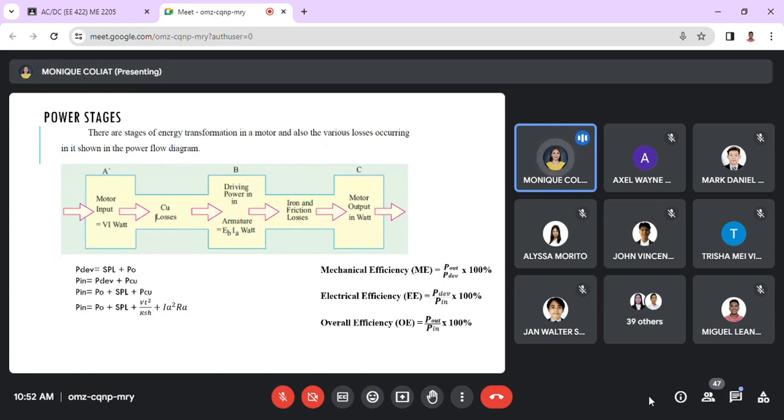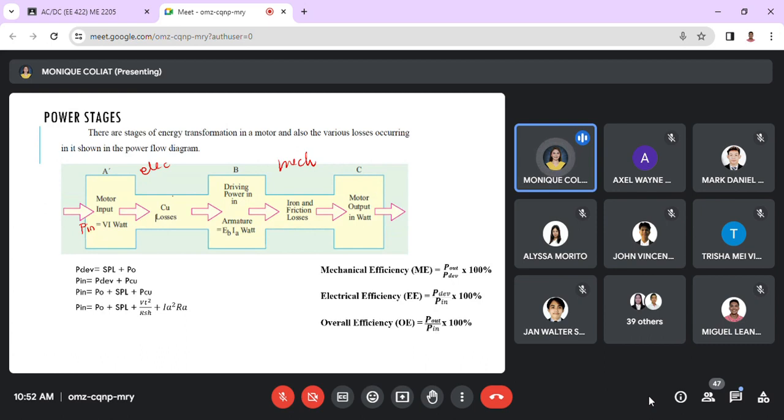So we have the electrical part and we have the mechanical part. Okay, so first is yung motor input muna. So ano ba yung ini-input dito? Di ba electric? That is power, which is in terms of voltage and current. Okay, that is your input power.